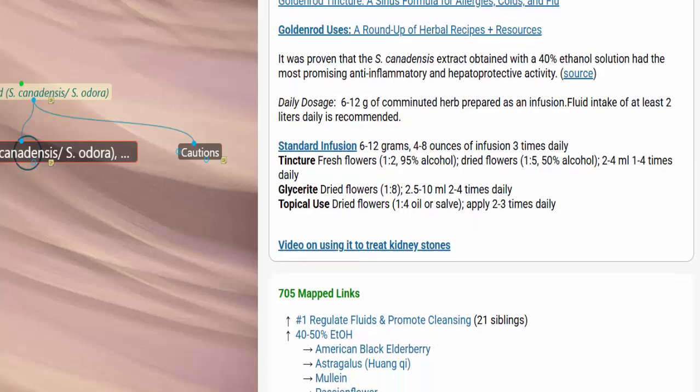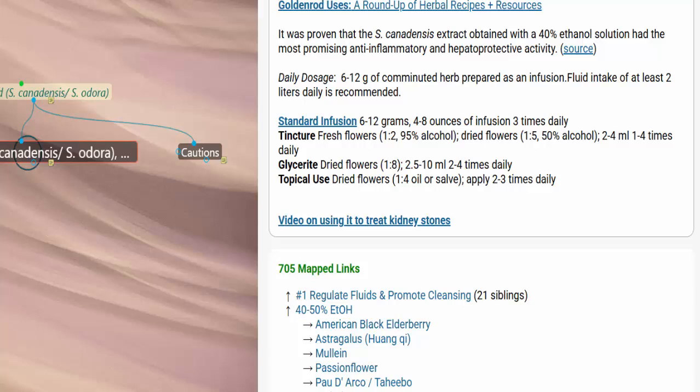As far as the daily dose, 6 to 12 grams of the comminuted herb prepared as an infusion. Fluid intake of at least 2 liters daily is recommended. Well, that is for a serious condition.